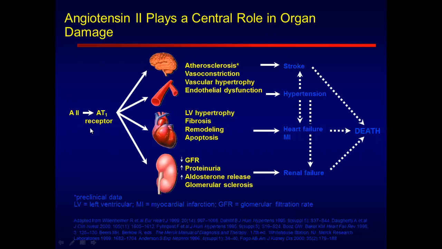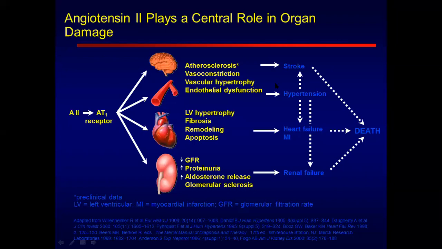So by stimulating the angiotensin 1 receptors, which are the harmful receptors, that will lead to, in the blood vessels, vasoconstriction, vascular hypertrophy and endothelial dysfunction; in the heart, left ventricular hypertrophy, fibrosis, remodeling, and apoptosis; and in the kidneys, a drop of the glomerular filtration rate, proteinuria, and aldosterone release.